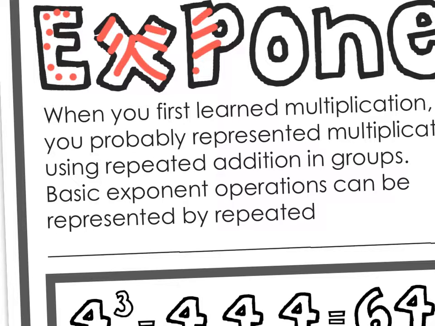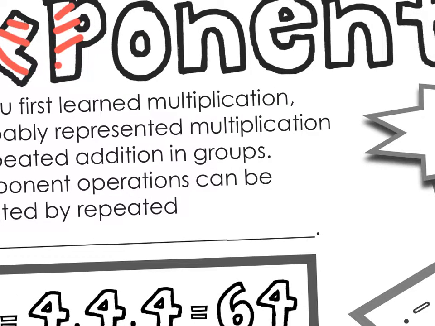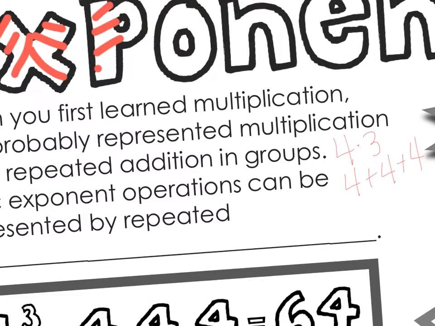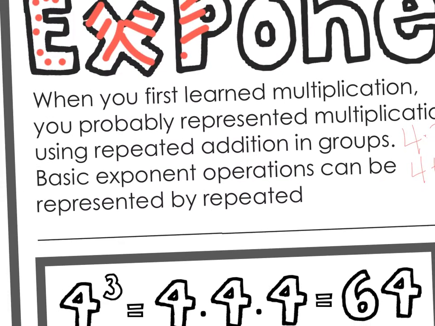So what that means is your teacher might have written 4 times 3 is the same thing as 4 plus 4 plus 4. But 4 times 3 is a little bit easier to do than having to do all of that addition. Well, the same thing goes for multiplication. So that's why mathematicians came up with exponents.